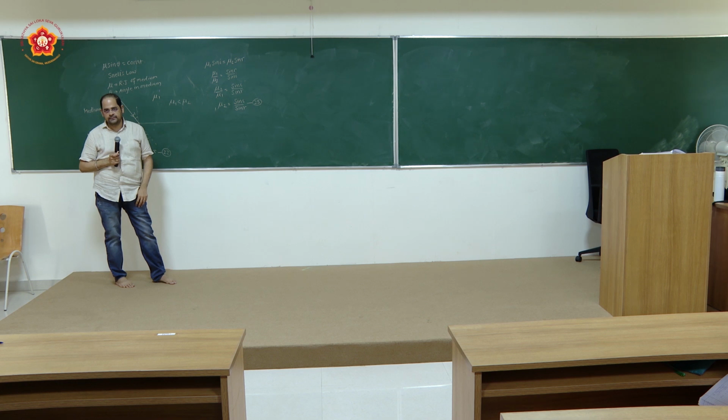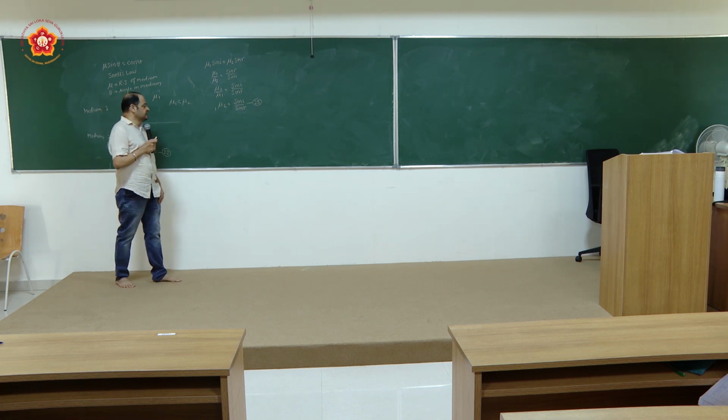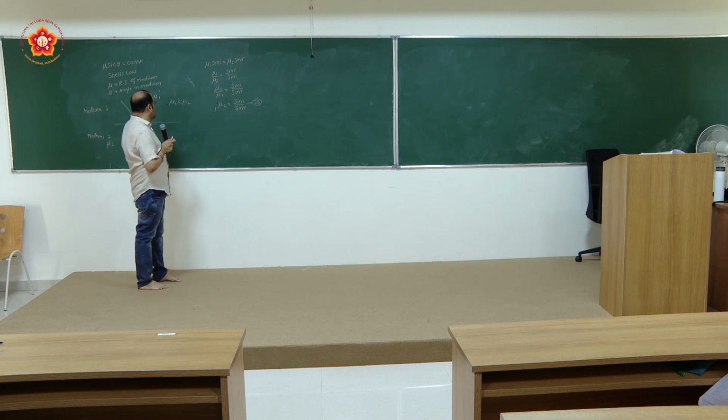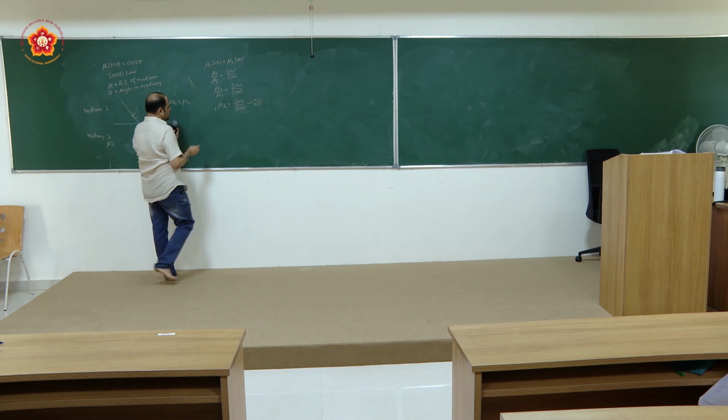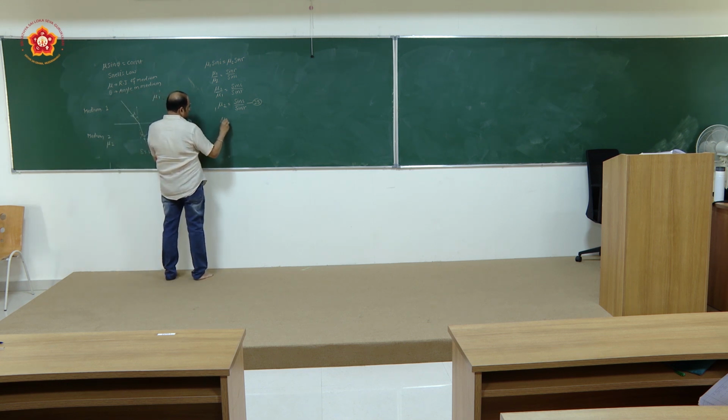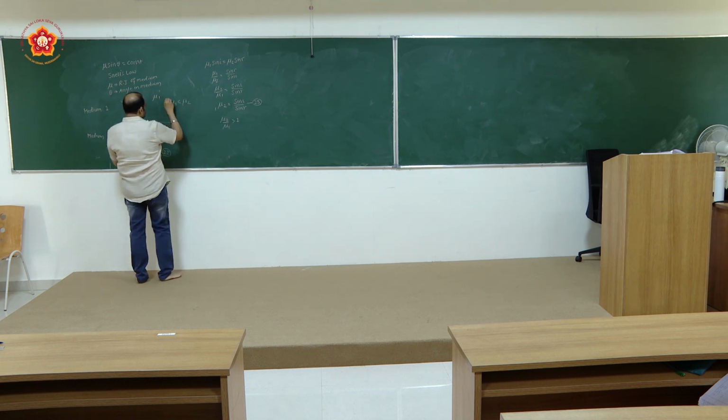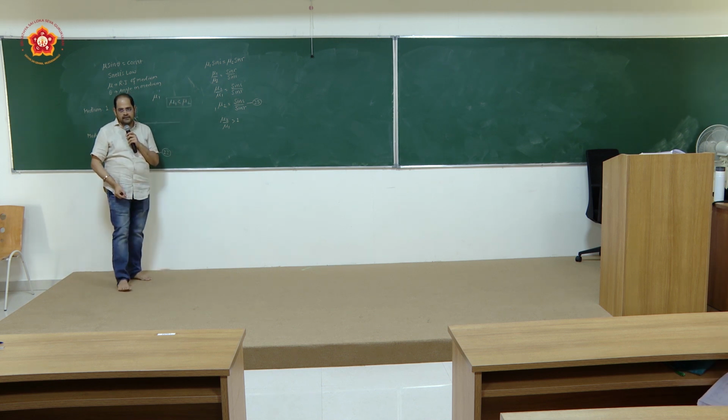Getting it clearly? All of you are getting these relations? Now in this case, I am aware of the fact that mu1 is less than mu2. So you will be able to write down mu2 upon mu1 is greater than 1 since I have used the condition mu1 is less than mu2. Am I right or wrong?